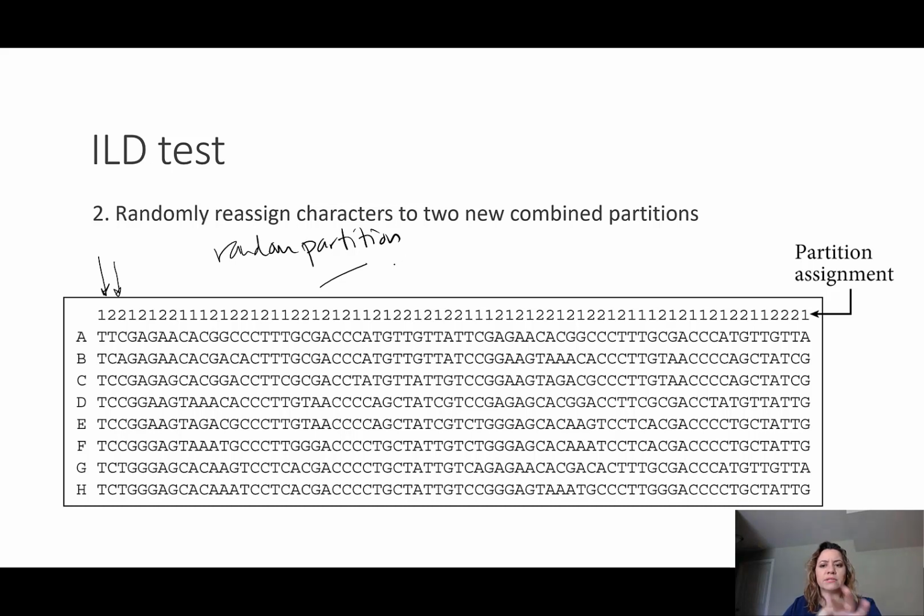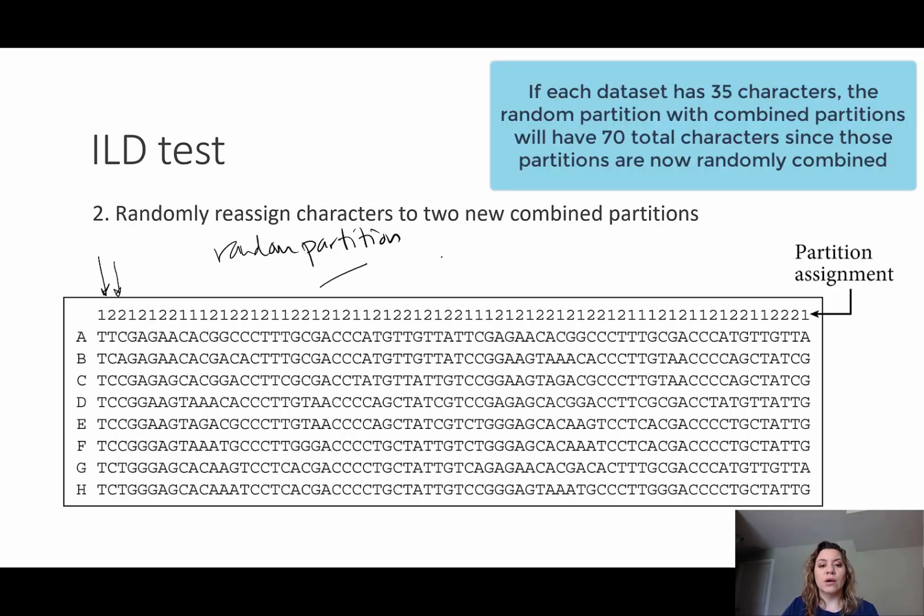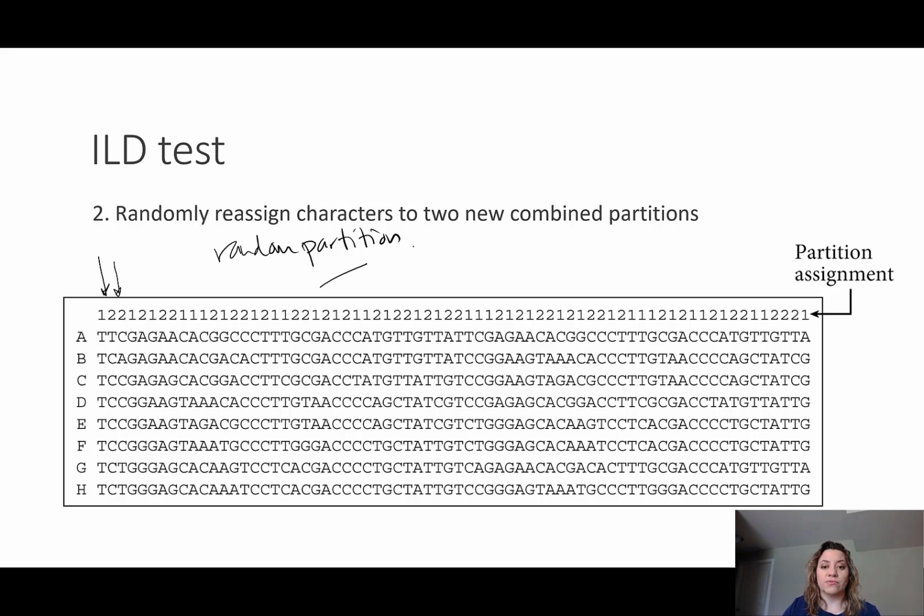And so it randomly samples characters and builds a combined partition of the number of characters that combines those two partitions. So let's say that there are 35 characters in partition 1 and 35 in partition 2. What the random partition is, it's a sum of those two partitions' number of characters. Now these are randomly selected characters, right?